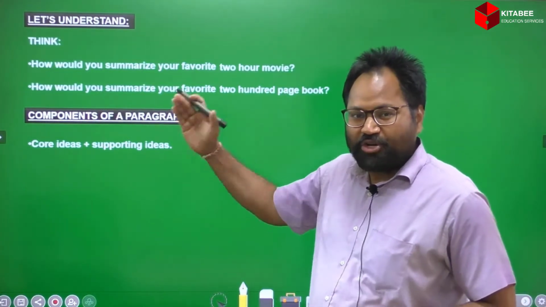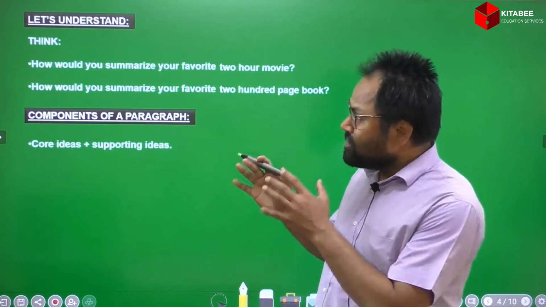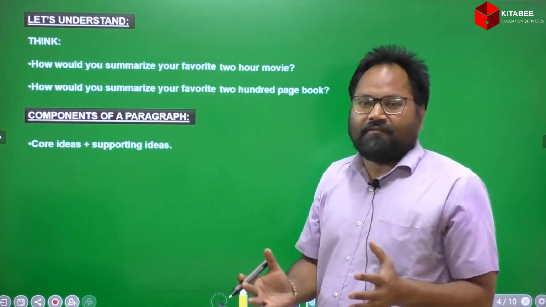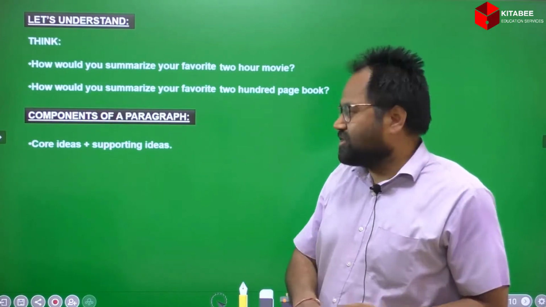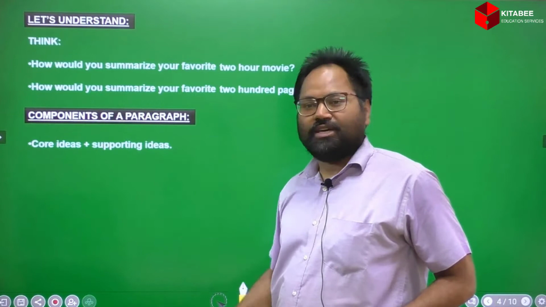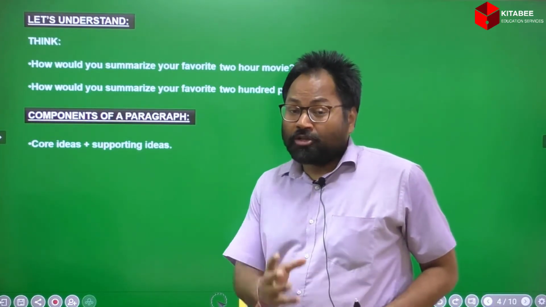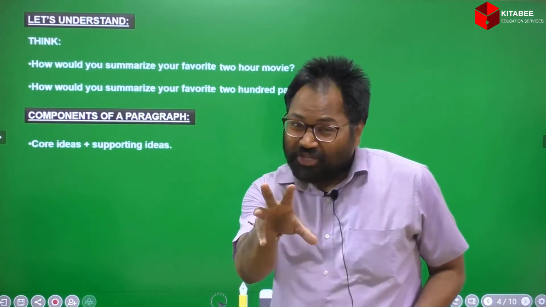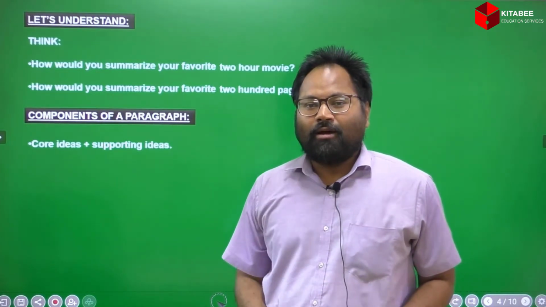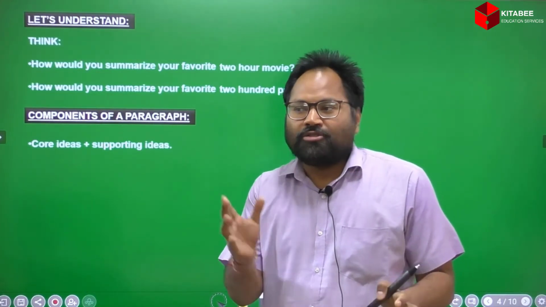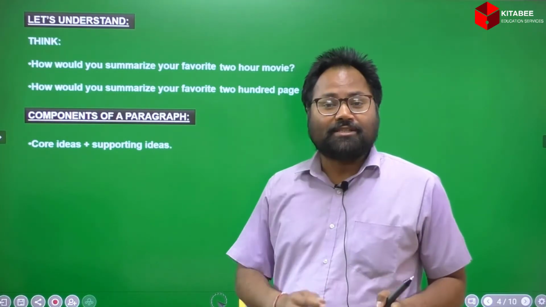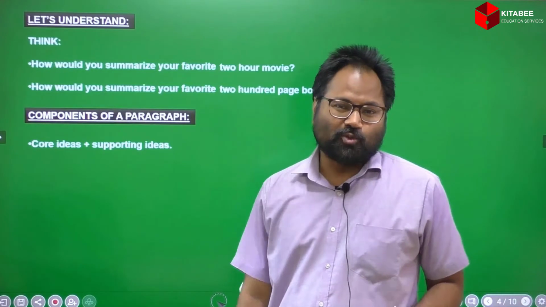Then comes the component of the paragraph. While reading the paragraph, you get to understand a paragraph is comprised of 2 things. One is core ideas and the other is supporting ideas. The author tries to tell you about some core idea, and to explain that idea, the author gives supporting points, supporting ideas and some examples also.